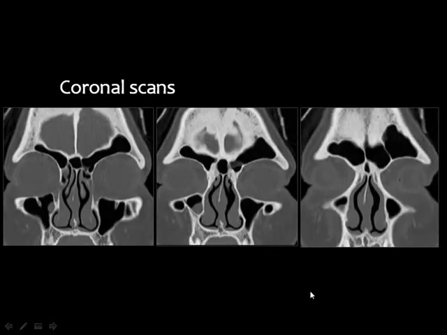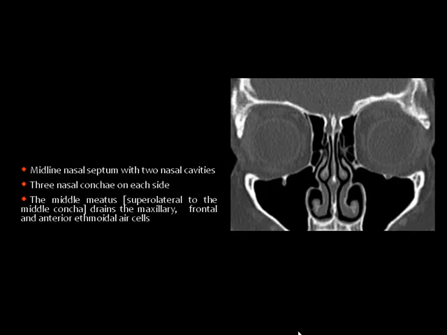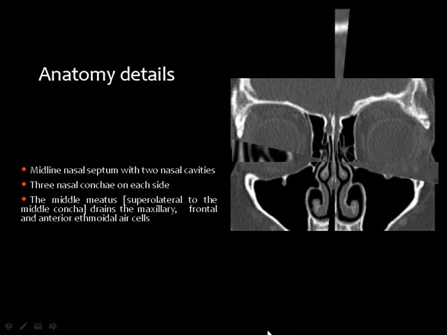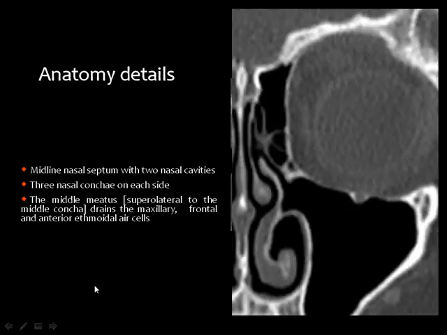And we finish by reaching the frontal sinus, and here you can see this is the frontal sinus, and also the most anterior part of the maxillary sinus. Then we come to some more details about the anatomy, and here you can see what's known as the osteomeatal unit.